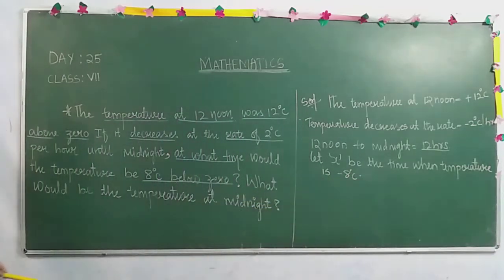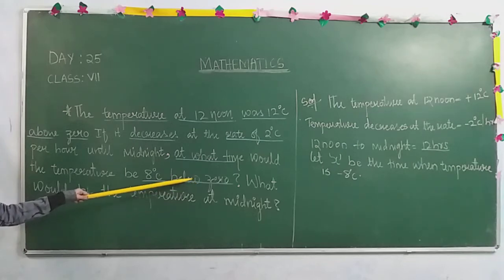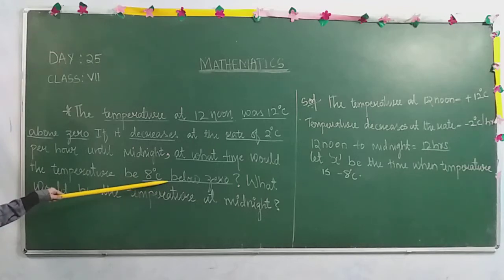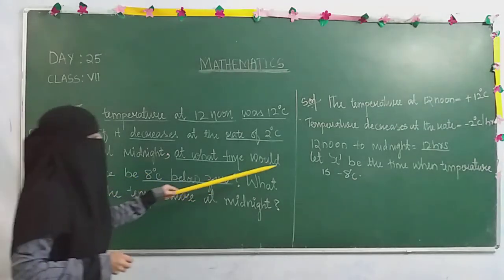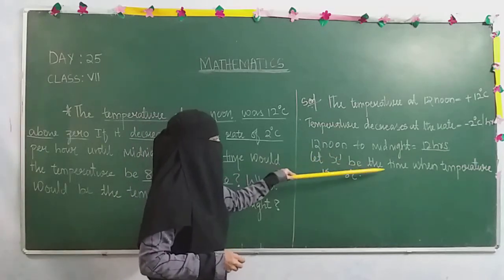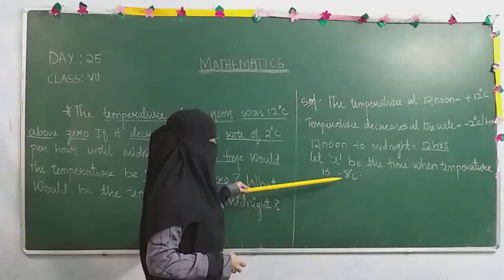Because it is given in the question 8 degrees centigrade below 0. When we are talking about below 0, it is negative. When talking about the below and above concept, below means we use the minus sign to represent the numbers, and above means we use the plus sign. So here it is given below 0, which means this 8 degrees will be minus 8 degrees centigrade. So I have taken: let x be the time when the temperature is minus 8 degrees centigrade.